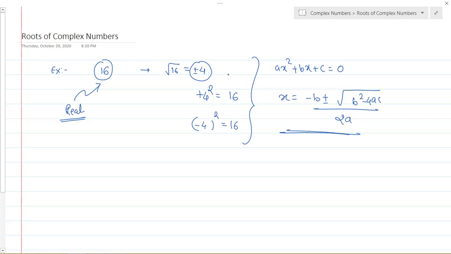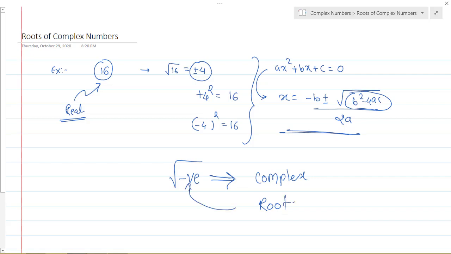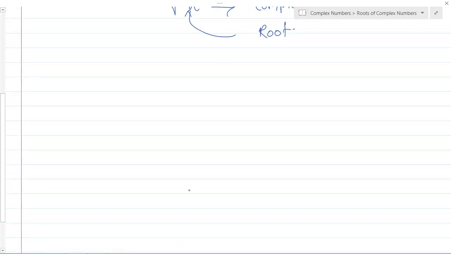What happens if the part under the root, b square minus 4ac, is negative? You will get the root of a negative number, and this root of a negative number is nothing but a complex number. I hope you are getting it now. Perfect. So let's see how we can find the root of a given complex number.